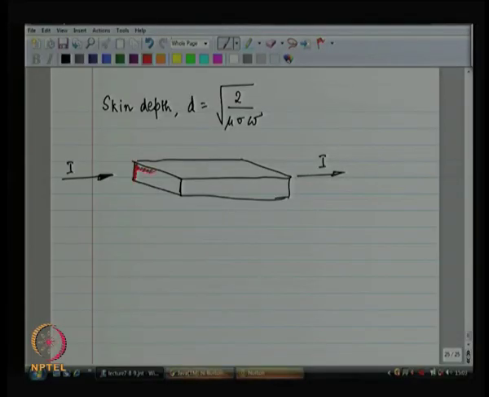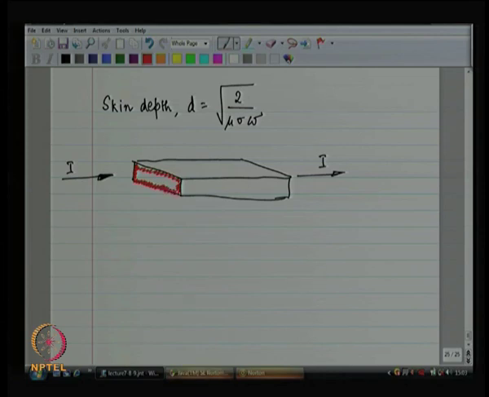So, the current is going to propagate, remember the current is at a frequency omega. Sorry, I forgot to tell you, if it is a DC current, it just goes through the bulk of the copper. The current is going at a frequency omega.